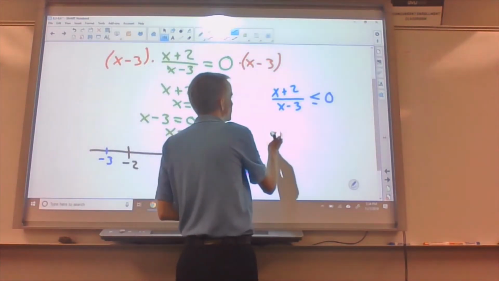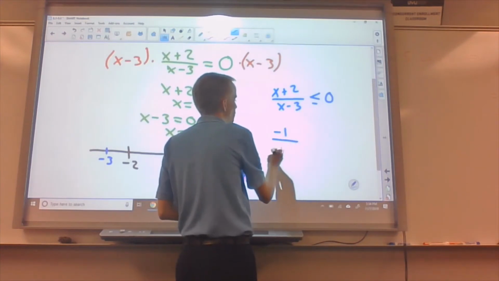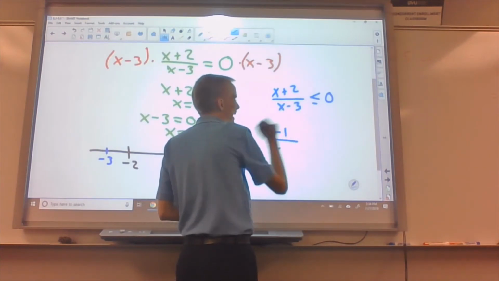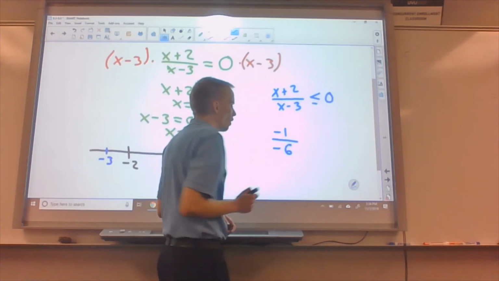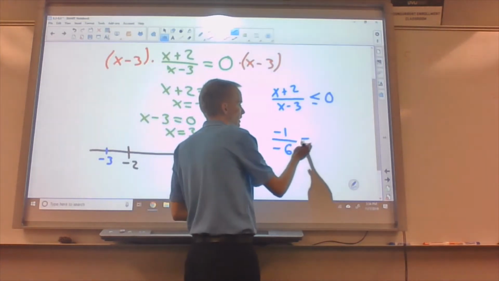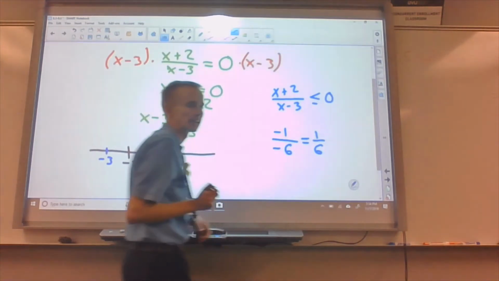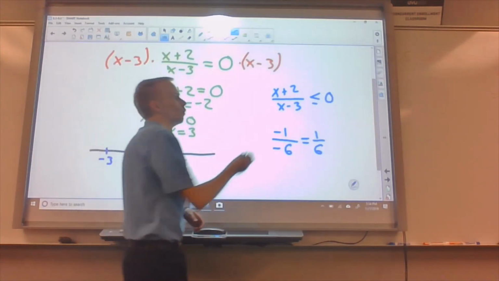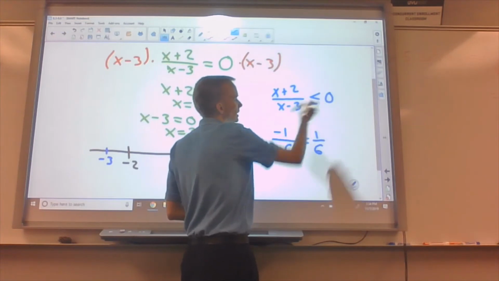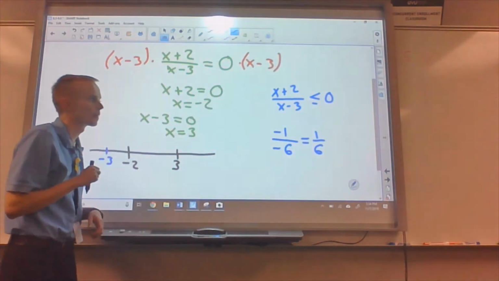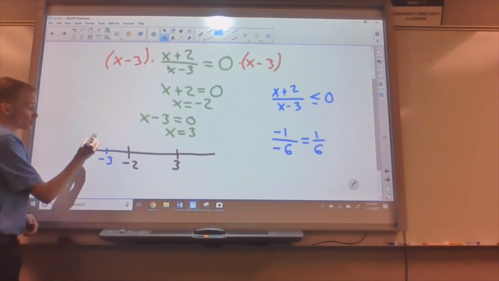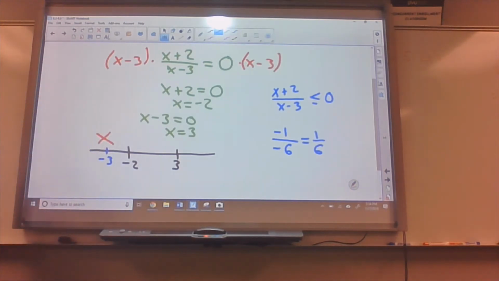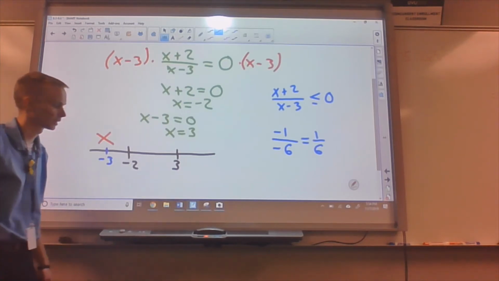We would get -1 over -3 minus 3 is -6. -1 over -6 is equal to 1/6, okay, which is not less than or equal to 0. It's actually bigger than 0. So this chunk over here doesn't work. It doesn't make the inequality true.